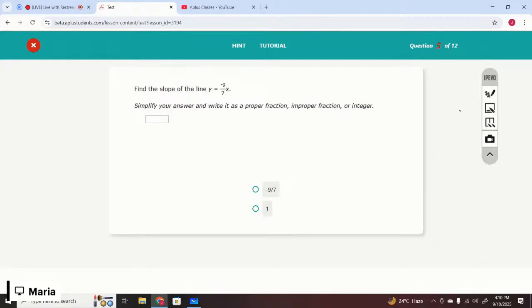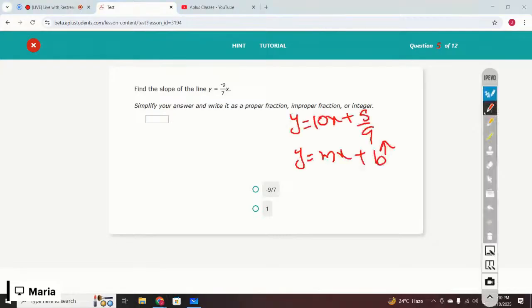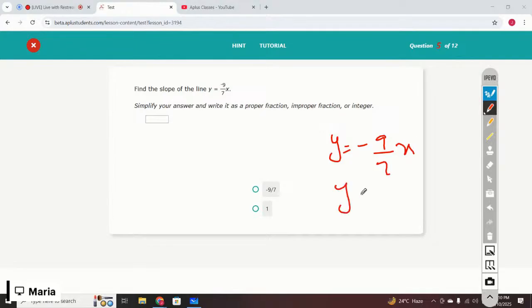Find the slope of the line. Y equals negative 9 over 7x. You need to find the slope of the line. So which is the slope of the line? Just compare this equation with the general form of the equation, right? Y equals negative 9 over 7 x. General form is y equals mx plus b. So m equals negative 9 by 7.